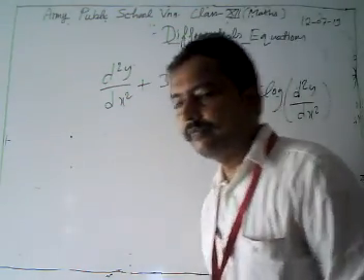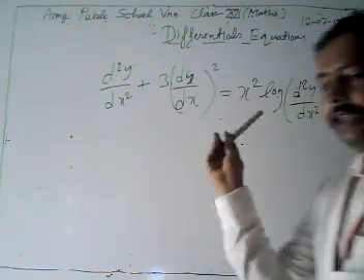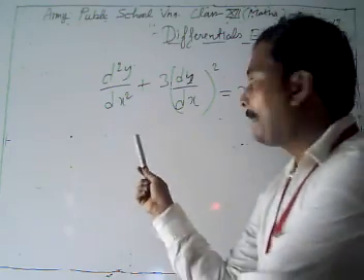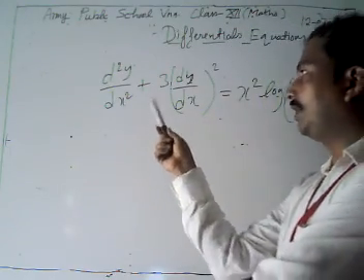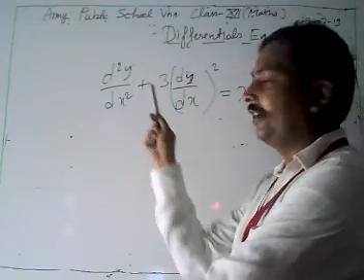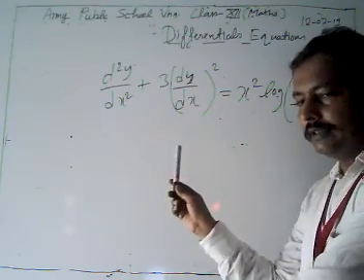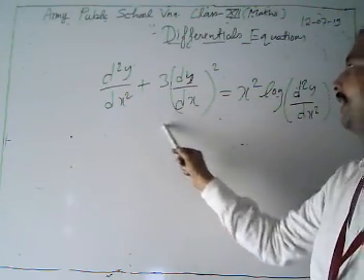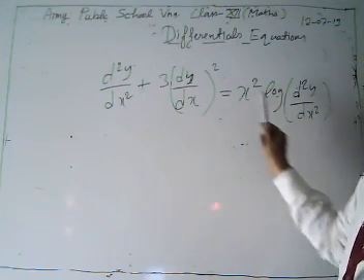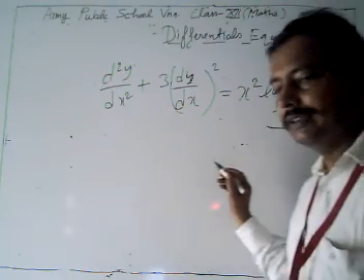Now look, in this example, if somebody asks what the order of this differential equation is, its order is 2, the highest order derivative. But when we try to find the degree, we have d2y/dx2 and dy/dx, but here we have log of d2y/dx2.